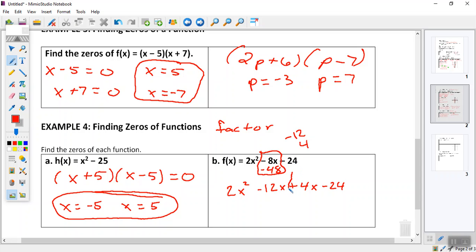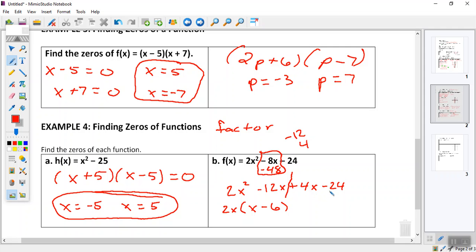Split it. We have to factor the left half and the right half. What could I take out of 2x squared and 12x, kids? So this becomes 2x. If I take 2x out of here, what's left here? Minus 2x out of here. So it's 2x times x minus 6.